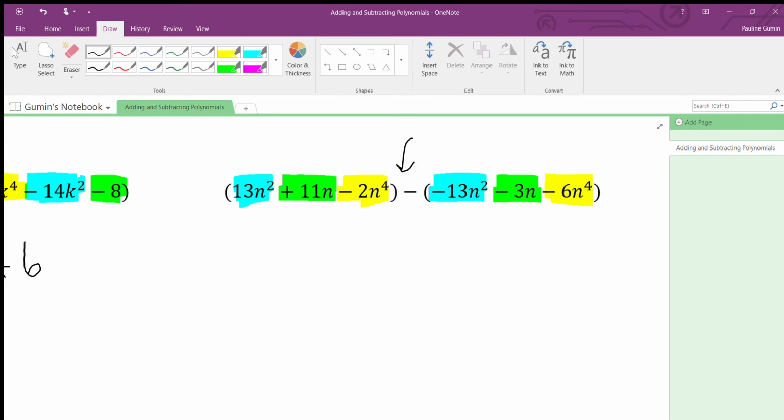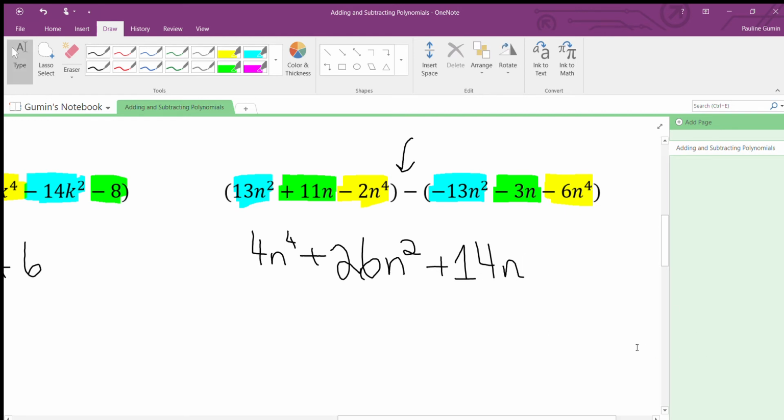Negative 2 minus negative 6 leaves us with positive 4n to the power of 4. 13 minus negative 13, positive 26n squared. Lastly, 11 minus negative 3, positive 14n.